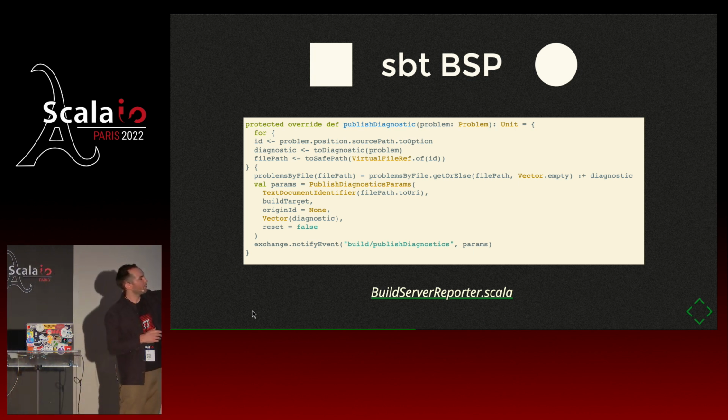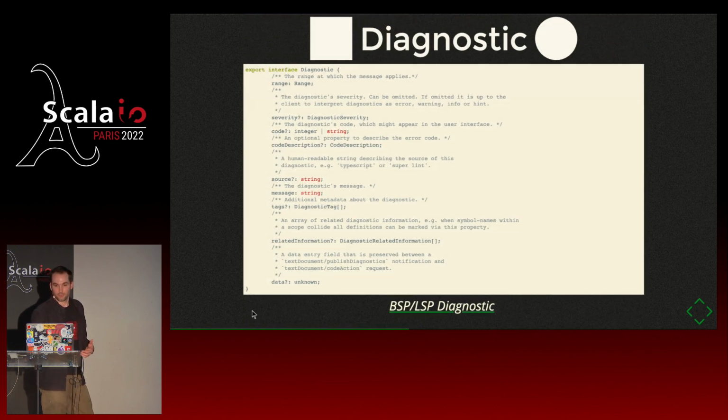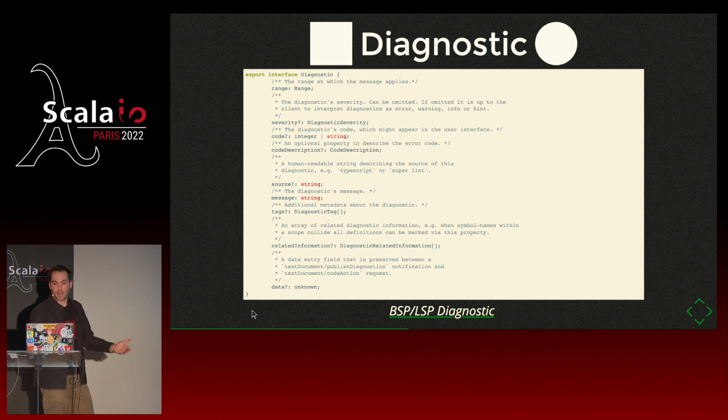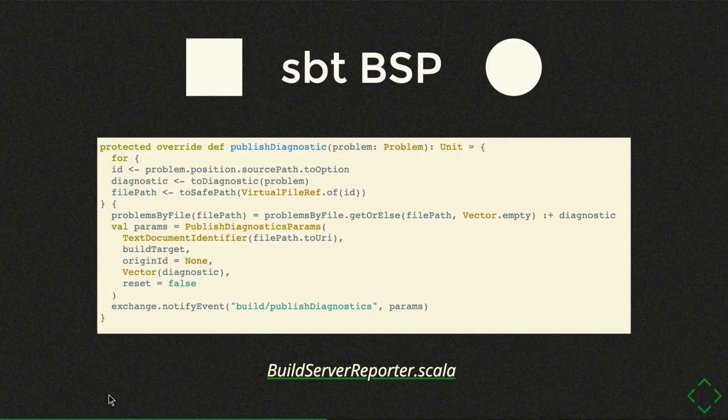So up on the top, you see one parameter, problem, which is the interface that we saw early on. And you see some pretty SBT-ish stuff. We're basically taking the problem and creating a BSP diagnostic out of it. So BSP diagnostic. So our original problem that we saw earlier turns into this, basically. And then at the bottom, you'll see publish diagnostics, and it sends it to the language server.